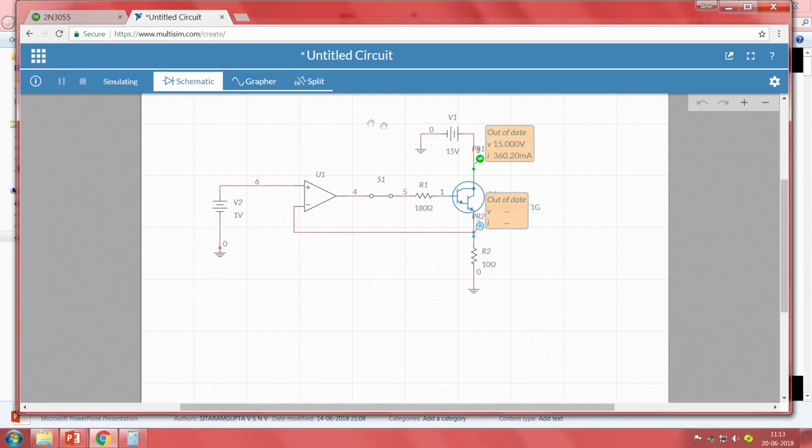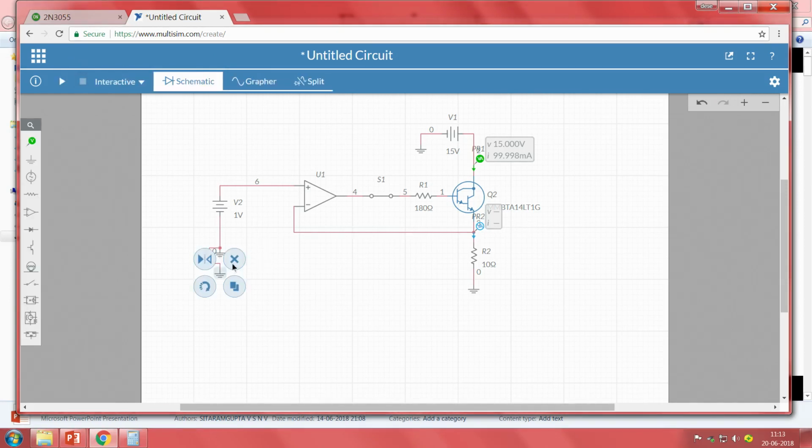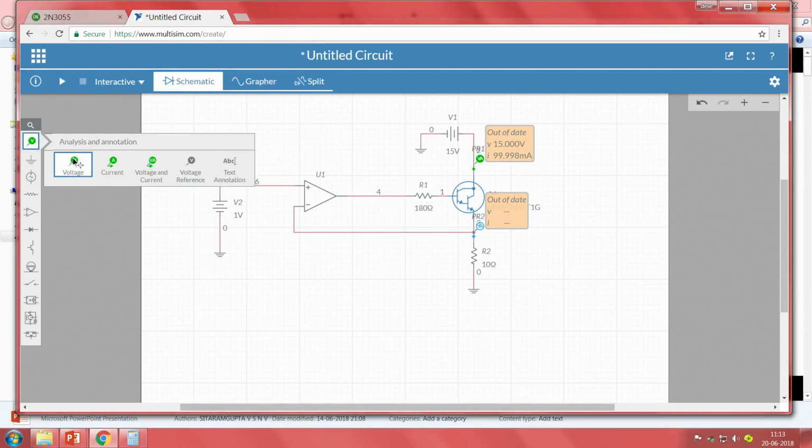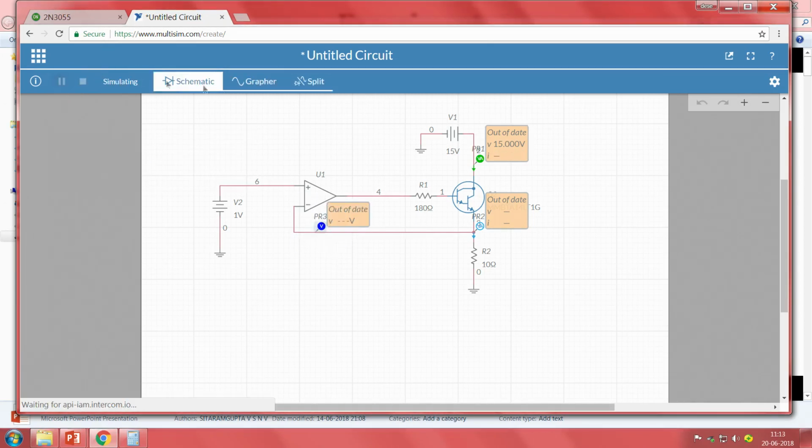Now, when I switch on, we can see the voltage drop. One thing is clear: at this particular terminal the voltage is 999.99 millivolt, almost equal to 1, that means both are at the same voltage.